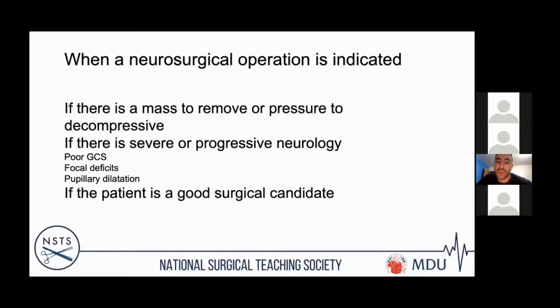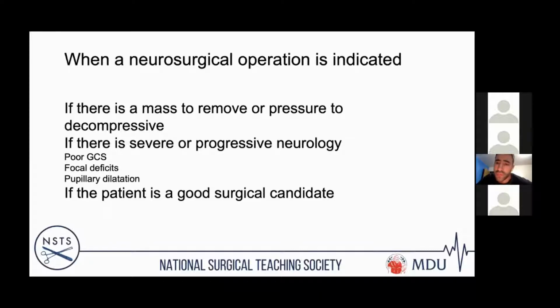And surgery is all about cutting and removing or fixing structurally. The other key thing is, if there's a mass, is there associated severe and progressive neurology from that mass? And that's in one of those three domains that I mentioned earlier. When you're examining a patient, those are the three key things you're looking for that tell you if there's generalized neurological dysfunction.